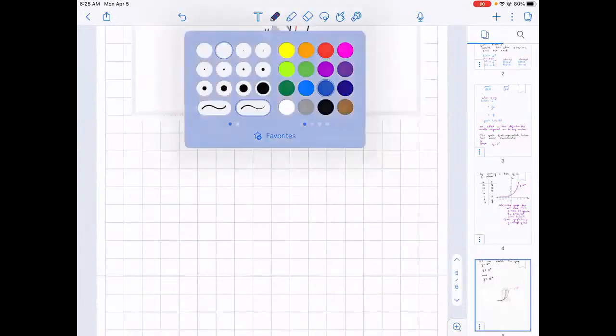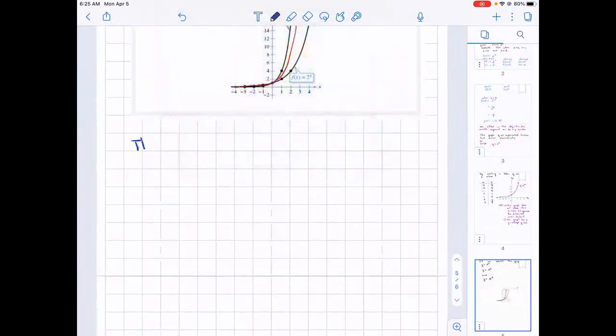So what do you notice? What you will observe is that the graphs look very similar. They are all increasing.